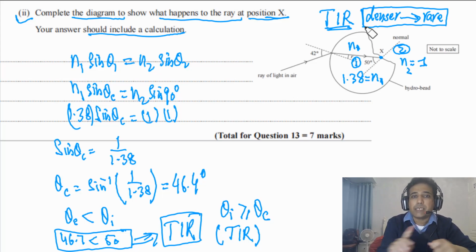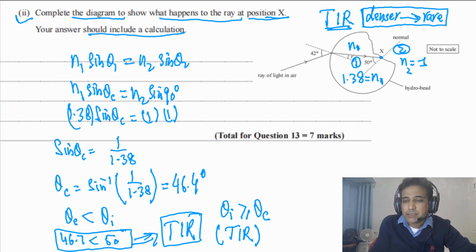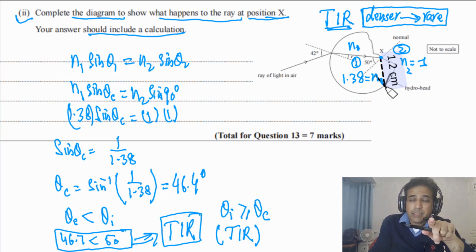So how can we sketch? In order to sketch this, we can simply draw a line, and in this case the angle of incidence and the angle of reflection have to be the same because this is reflection. So this angle has to be very close to this angle.